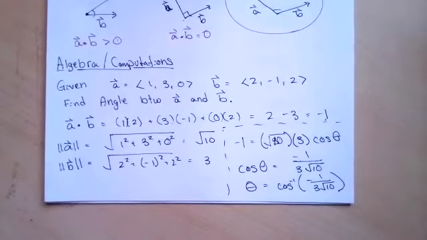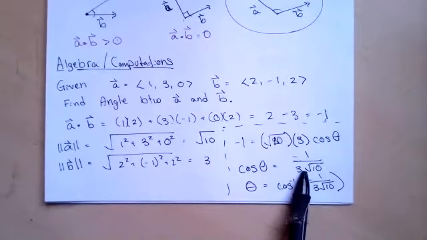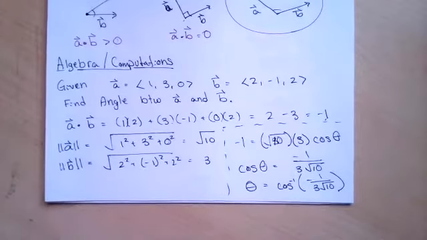Is it acute, right, or obtuse? Hopefully everyone remembers their trig: since the ratio is negative, cosine is negative in our second quadrant. So it's going to be an obtuse angle. So these vectors should be pointing in sort of opposite directions, or at least more opposite than not.